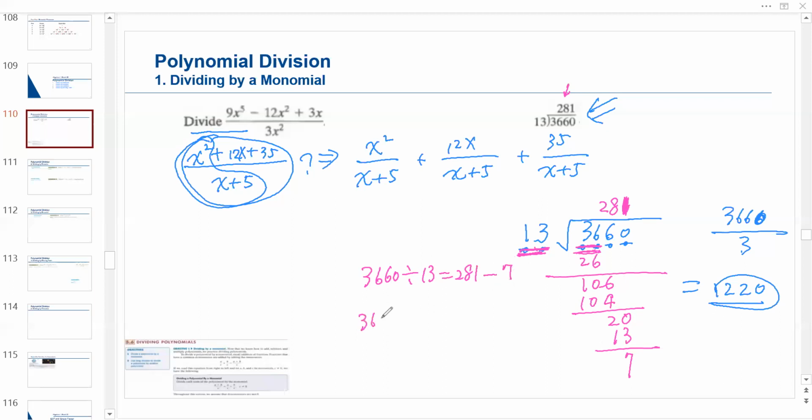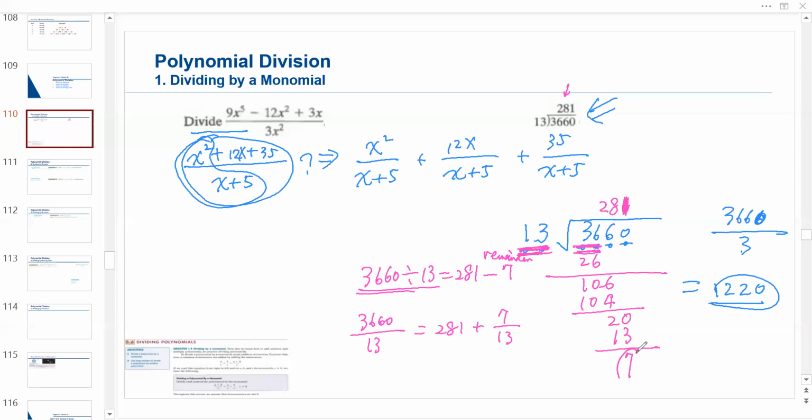Or you can say 660 divided by 13 equals 281 plus 7 over 13, right? This is called the remainder, right? So let's see the mechanism behind. When there are 2 terms, we first find the 2 terms, compare them, find a number most close to them, and then continue to do the work, right?